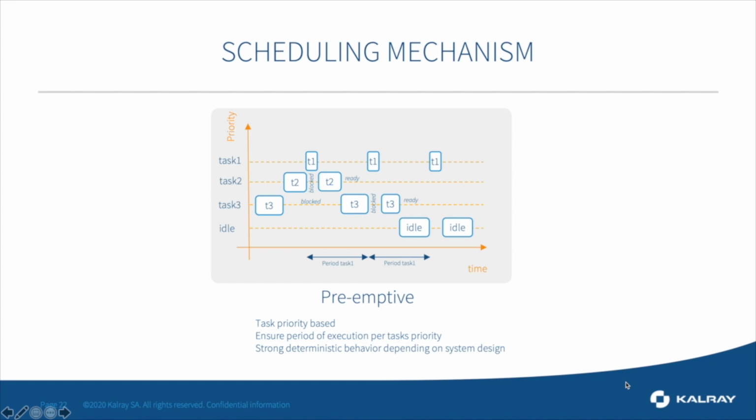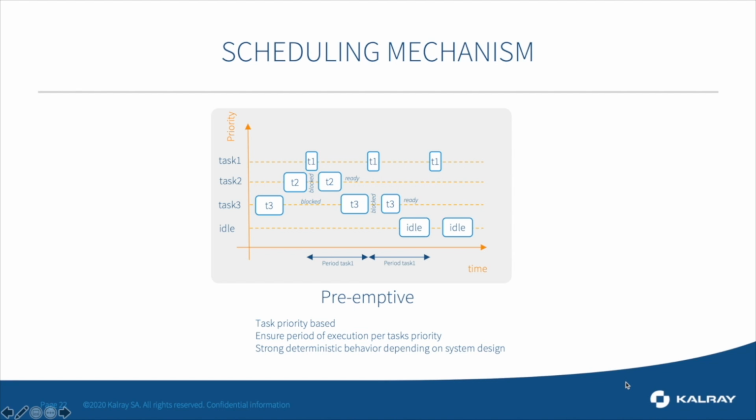It can be very complex when you have many tasks, several levels of priorities, but I'm sure you see already one of the big advantages of this scheduling algorithm, which is the fact that you can ensure some periodicity for task execution. Here we can imagine that task 1 is triggered by a number of ticks or clock cycles, and that task 1 needs absolutely to execute every X milliseconds.